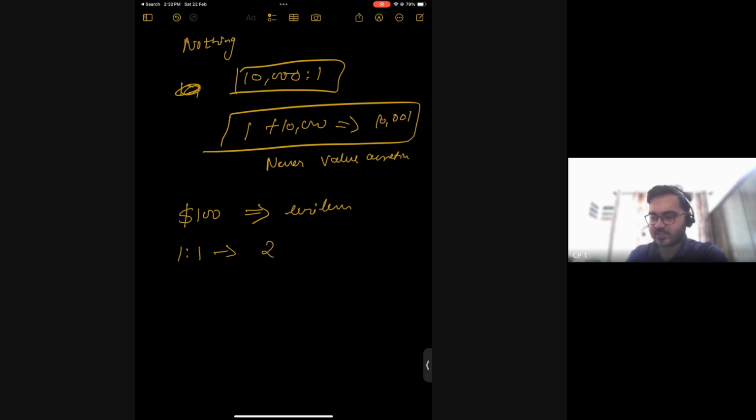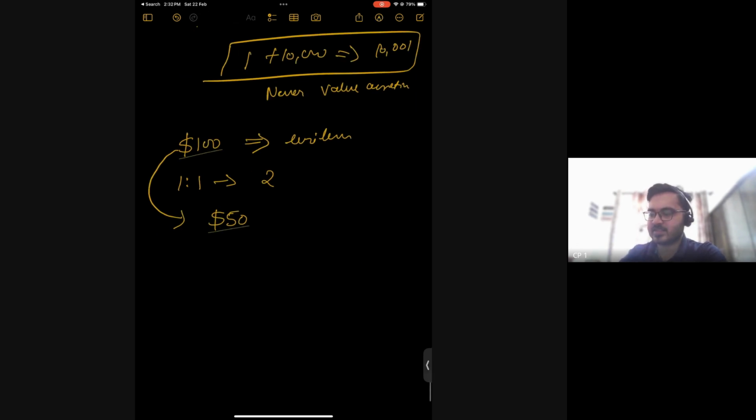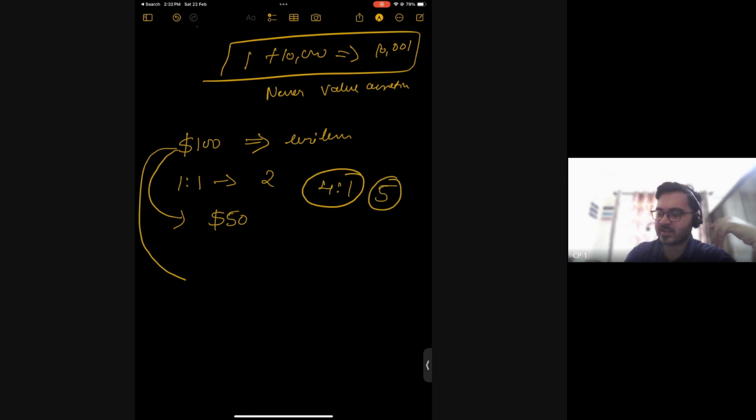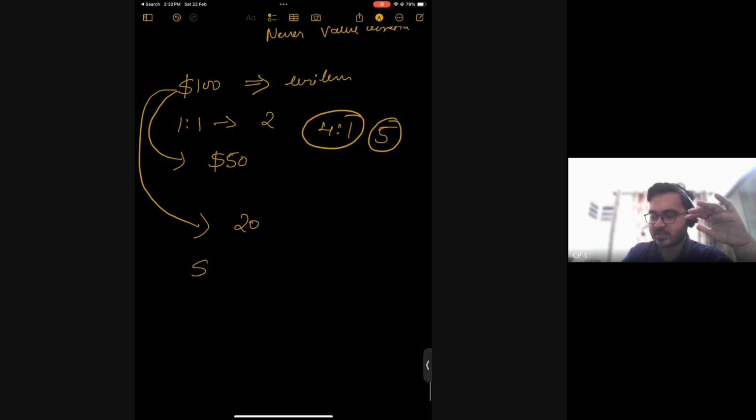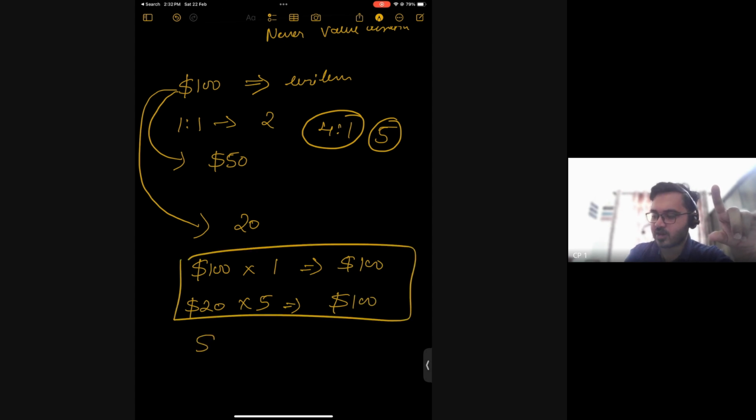Immediately after the declaration, the share price will invariably become $50 apiece. Similarly, if instead of 1:1, you give 4:1, which means the owner of one share now becomes an owner of 5 shares, the price will directly collapse from 100 and it will become 20. So the value remains the same. Earlier, you owned one share of $100, so your value was $100. Now you will own 5 shares of $20, which means your value remains the same. So in case of stock dividend, be very careful that there is no incremental value which can be created.